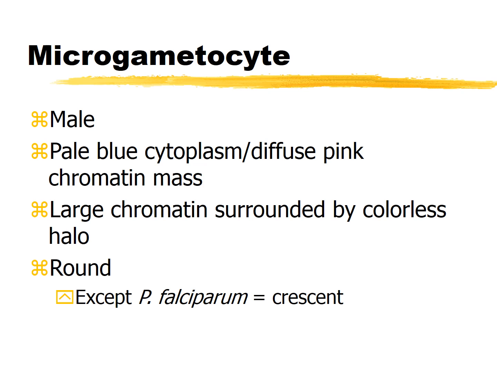Then also you will see sexual forms. The microgametocyte is the male. You've got a pale blue cytoplasm and diffuse chromatin mass, or you'll have large chromatin surrounded by a colorless halo. They're typically round except for falciparum, which are crescent shaped.